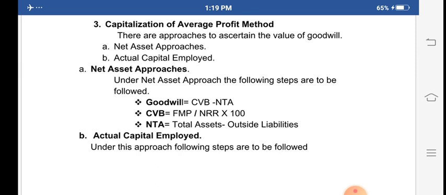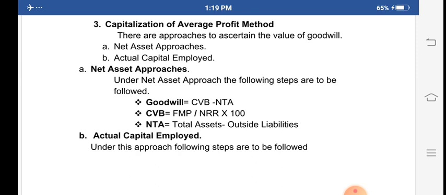This is also one of the important methods for the valuation of goodwill. Under this method the future maintainable profits of the business are capitalized by applying the normal rate of return.